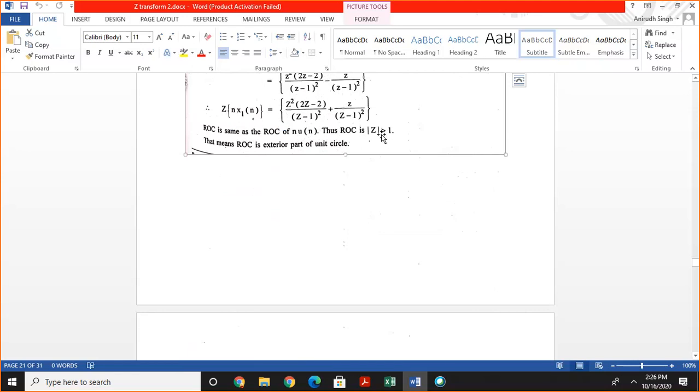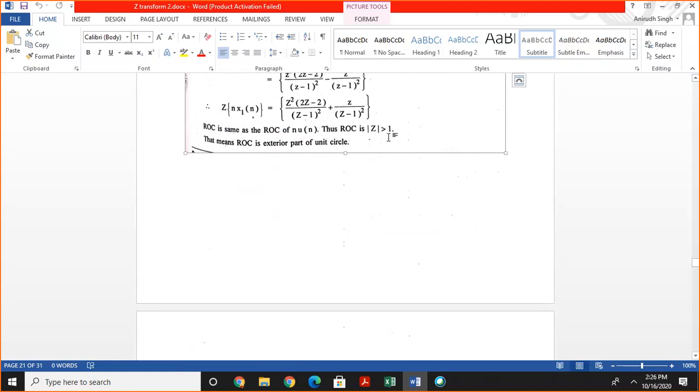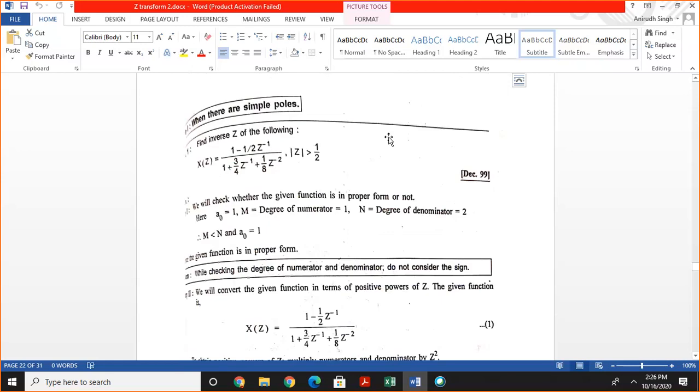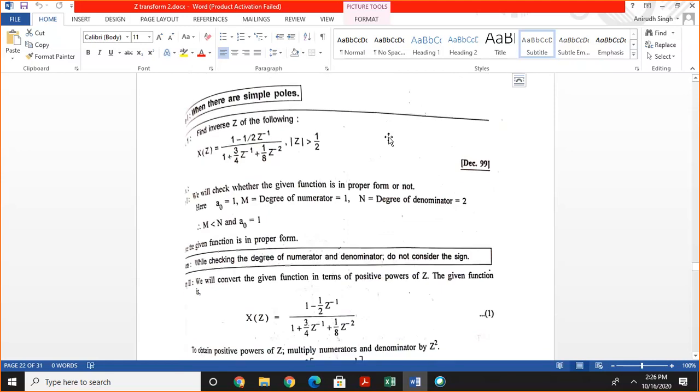So we get the z transform of n x1(n), or n squared u(n), and the ROC is mod of z greater than 1.